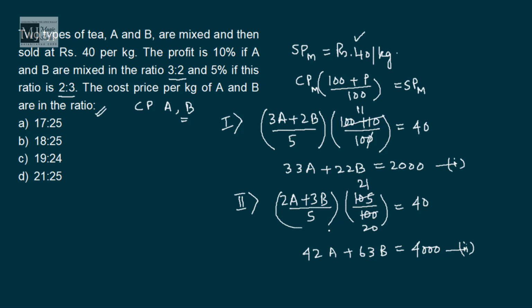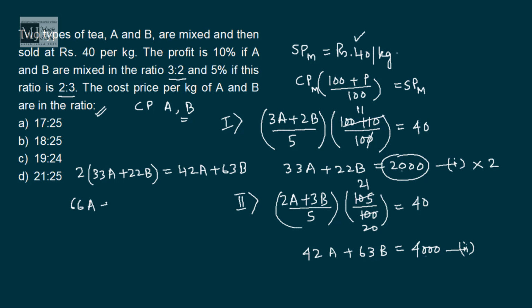So shall I equate 1 and 2? Yes, we can equate it. This is 2000, this is 4000. If I multiply this by 2, then this will also become 4000. So I can equate these two. After equating 1 and 2, we have 2 times (33A + 22B) = 42A + 63B. 66A minus 42A is 63B minus 44B.